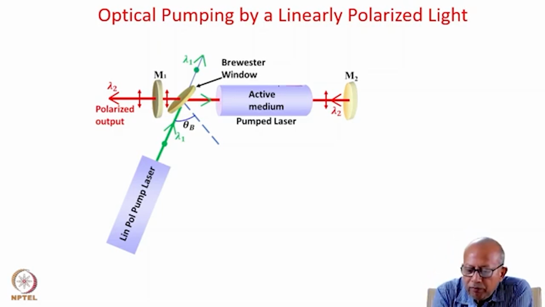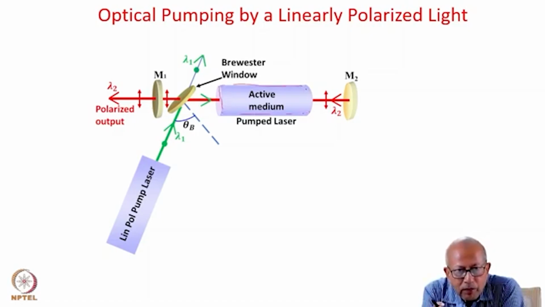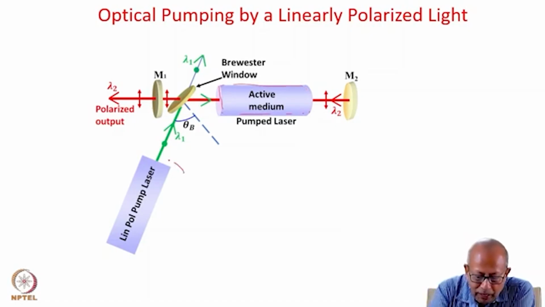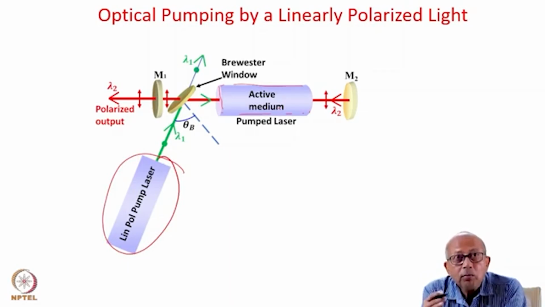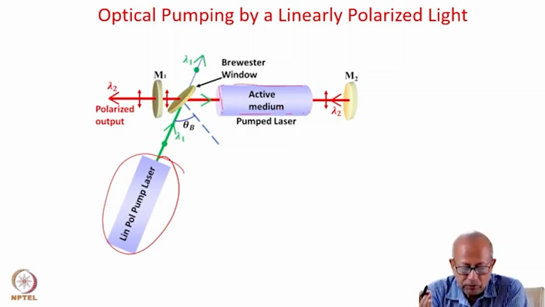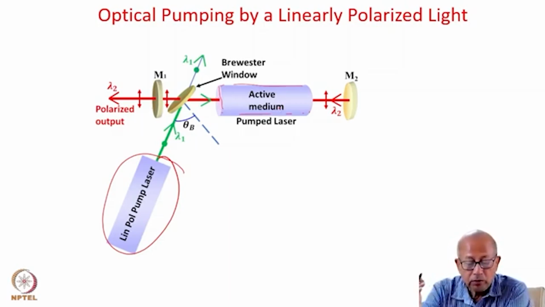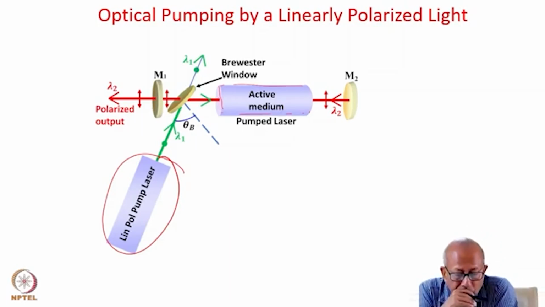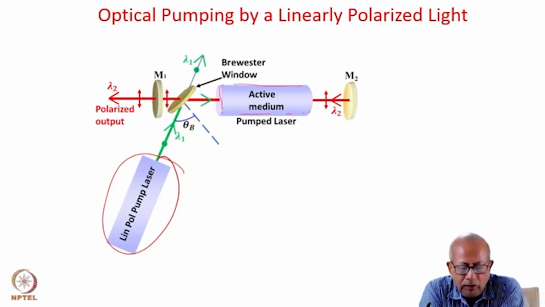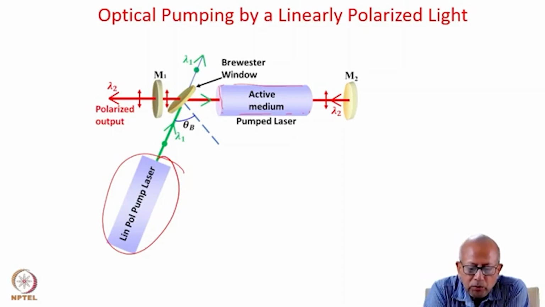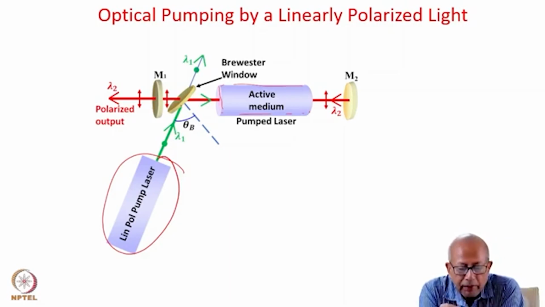You have the gaseous medium which you have to pump, and you have to pump it with another laser, because such a gaseous medium cannot be pumped by conventional light. You already know this, so I am not going into more detail. So this is the plate which you have put at Brewster's angle.